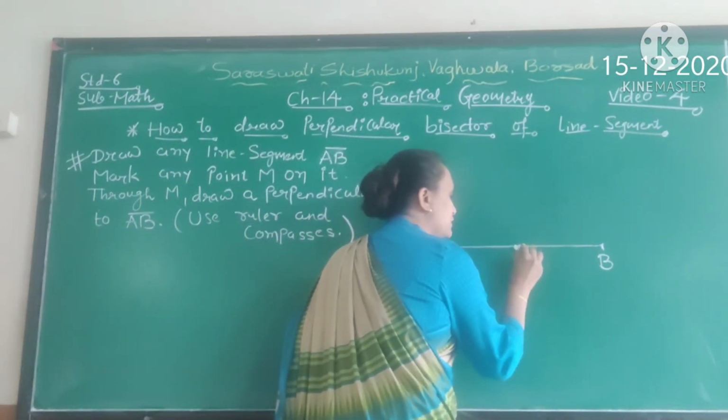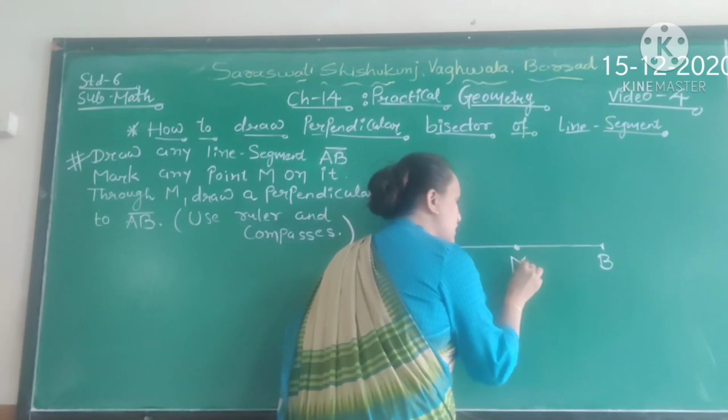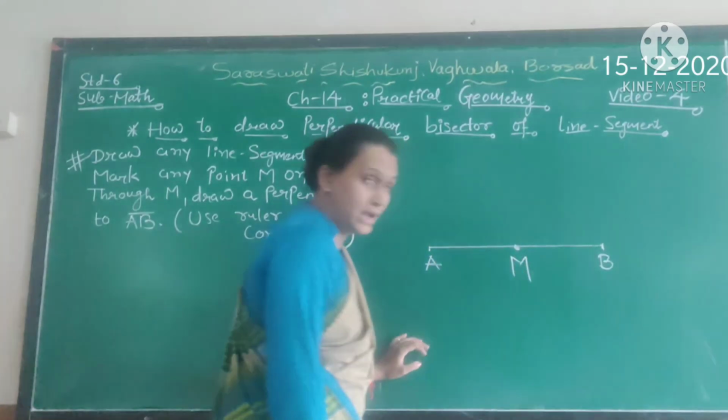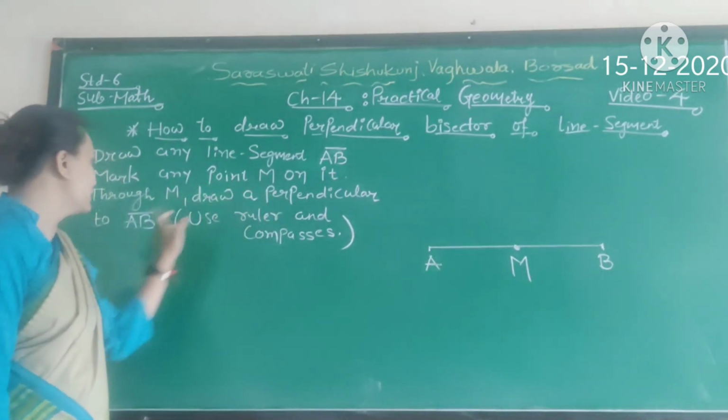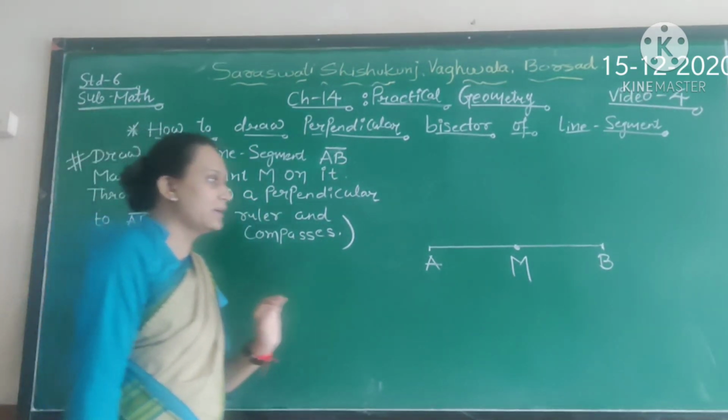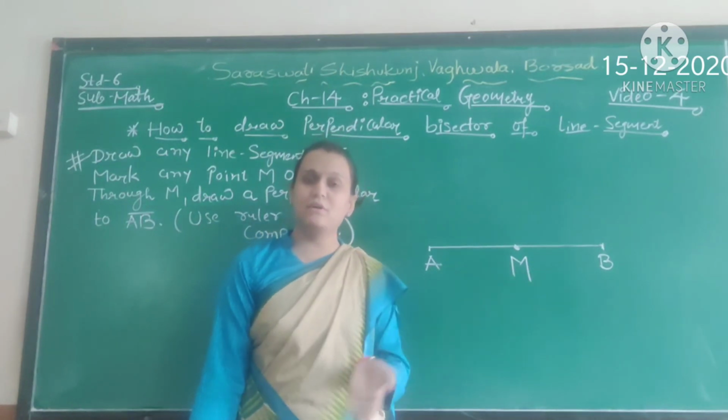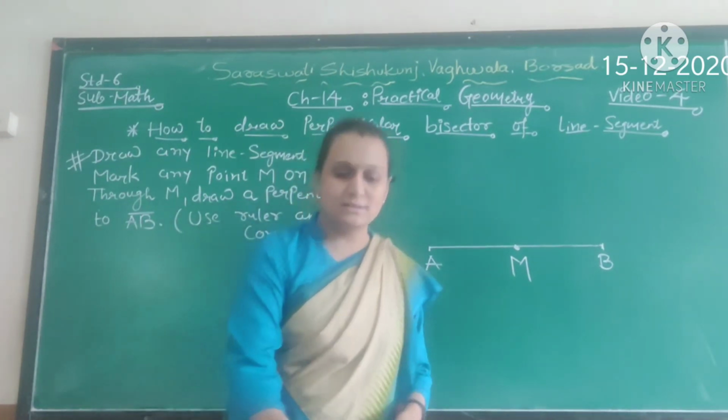So suppose this is our point M. Now the further question is that through point M draw a perpendicular to AB. So we have to use point M and then draw a perpendicular bisector.